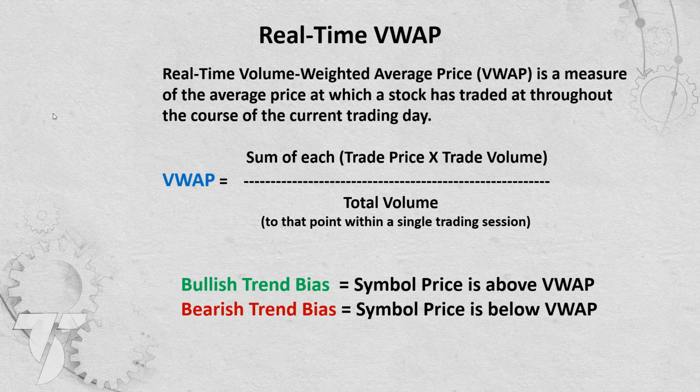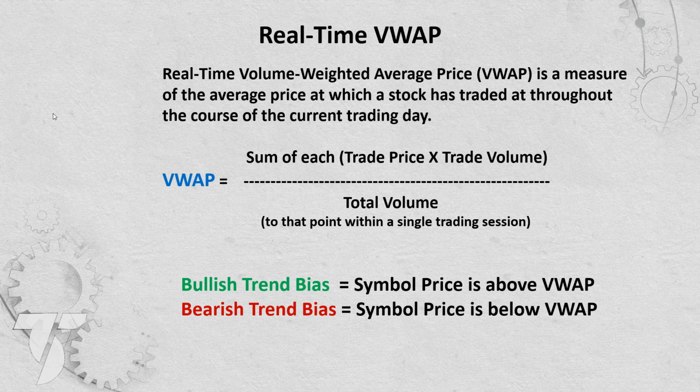But if you refresh the chart, it goes away because we're not calculating or storing that value. It's only in real time. So we needed a way to be able to calculate VWAP historically. And so we came up with an indicator that simulates VWAP historically on a chart.